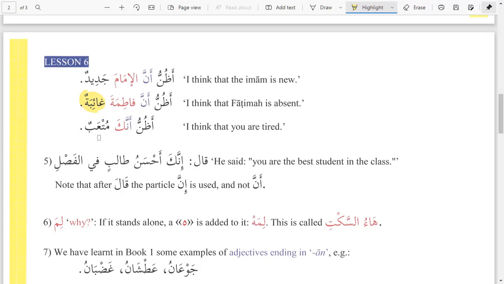Azunnu annaka mut'abun. I think that you are tired. Mut'abun means tired.